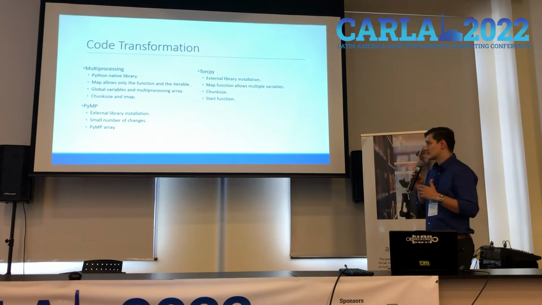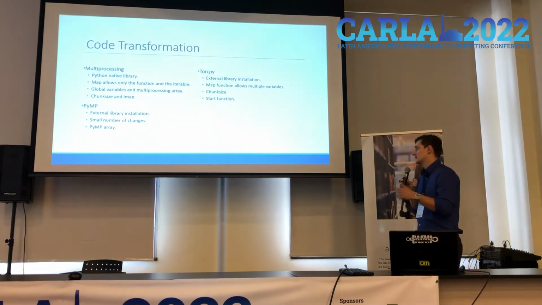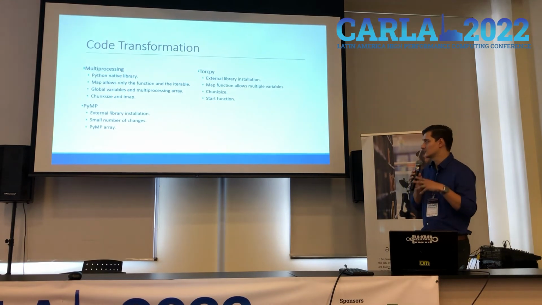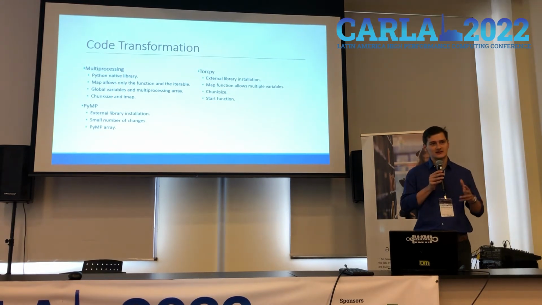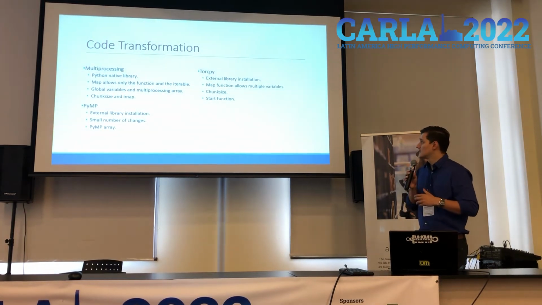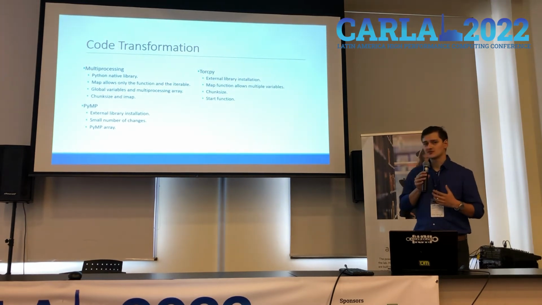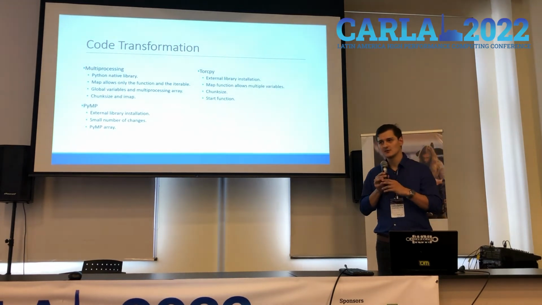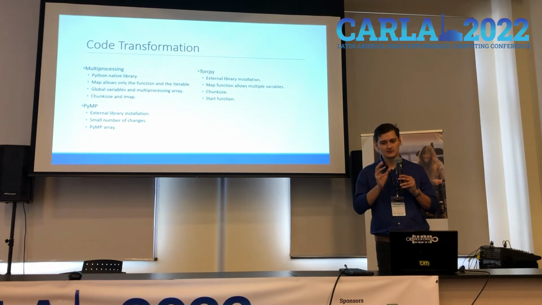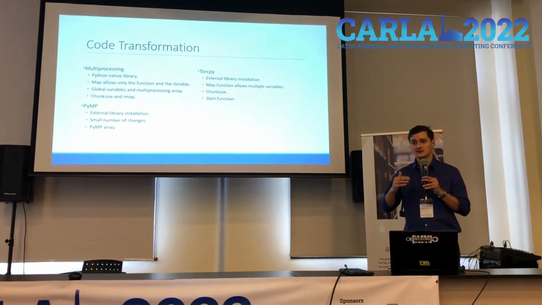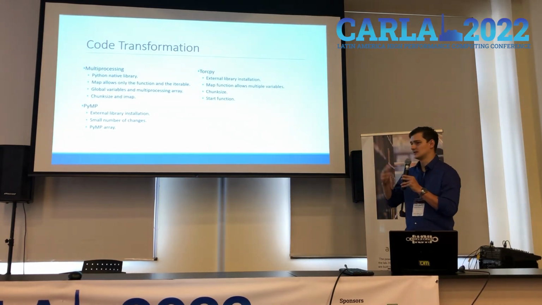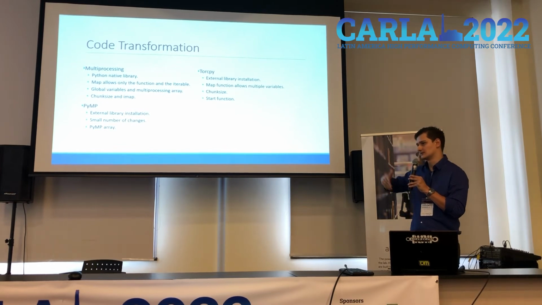For implementing the code into Python Pig, we used multiprocessing, which is a Python native library, so we didn't have to make any external package installation. The map function of multiprocessing allows only the function and the iterable, so it was required to create global variables in order to handle the usage of these variables in the overall operation.